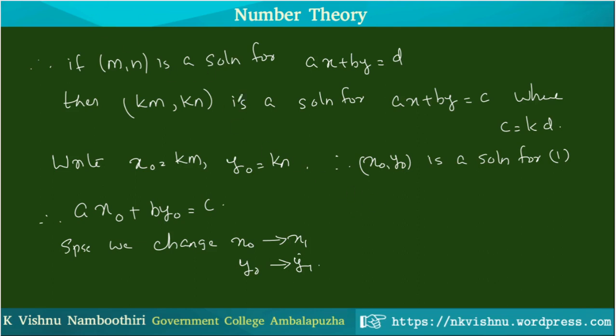Suppose we relate them in the following way: x1 minus x0 is equal to some k1, and y1 minus y0 is equal to k2. Remember that k1 and k2 can even be equal to 0, but in that case x1 is equal to x0 and y1 is equal to y0.